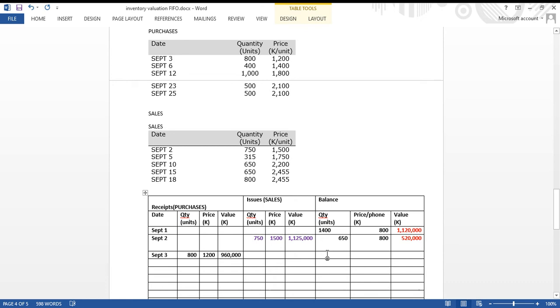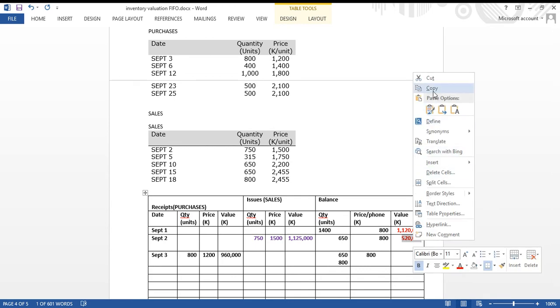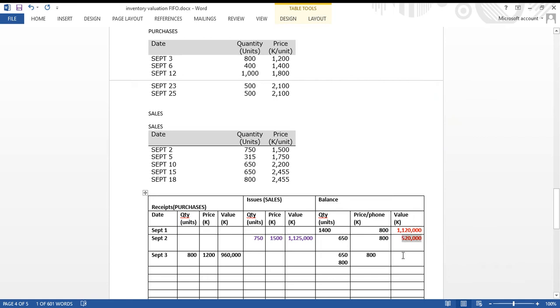We've got 650 units, and we brought in another 800 units. So this 650, that 800. Oh no, 650 times 800, it's 520,000. So put it here.